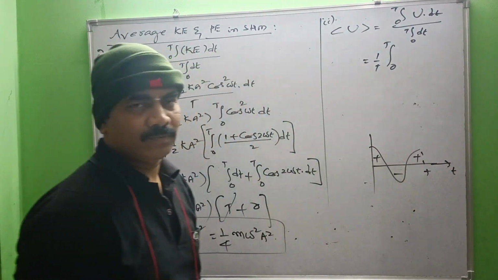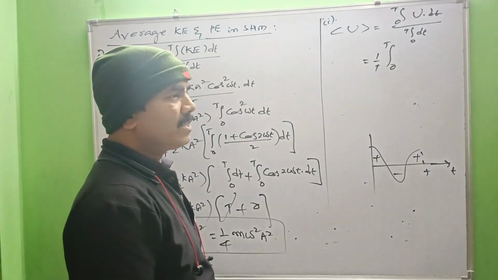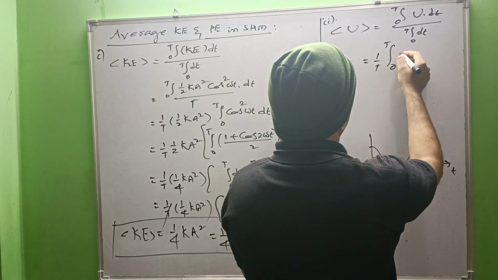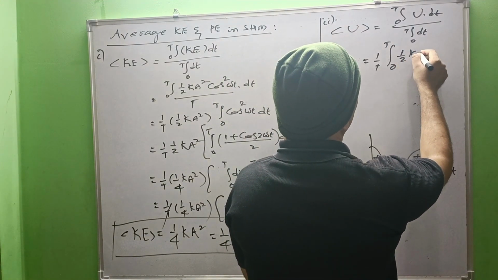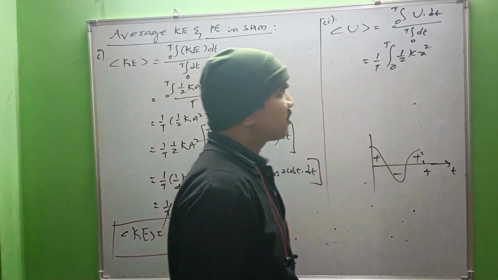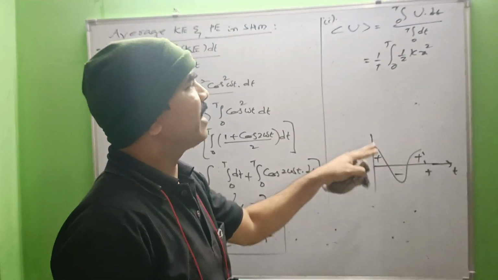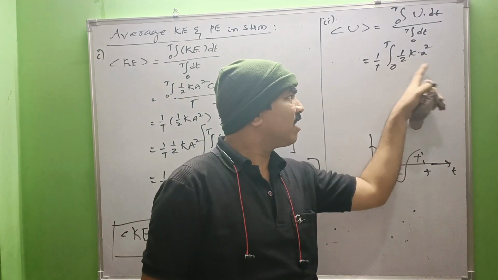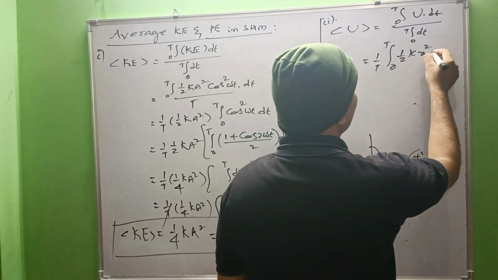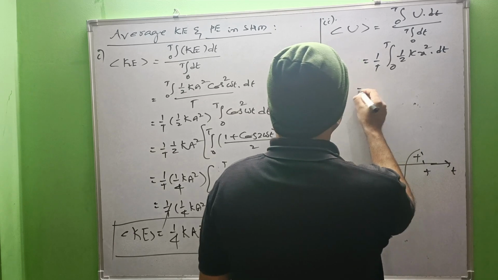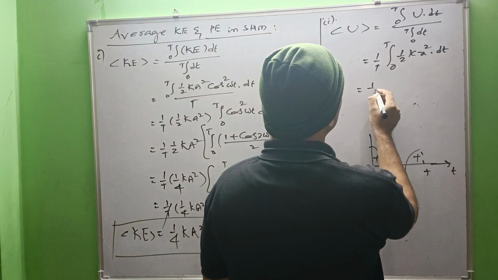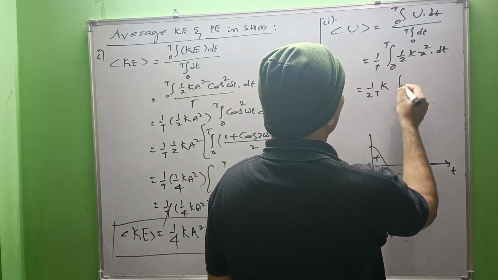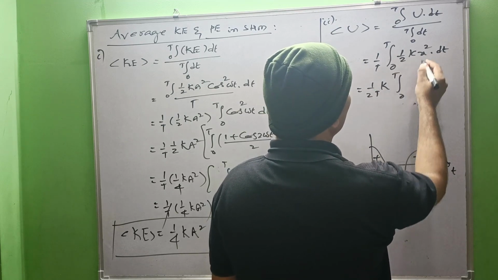What is u? What is the expression for potential energy from the previous video? That is half k x square. At a given position x, what is the potential energy possessed by the particle? That is half k x square into dt. So 1 by 2 is kept outside, 1 by 2T into k into integral 0 to T of x square.